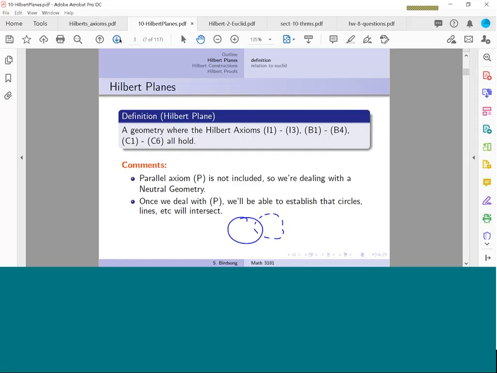Maybe it's only points that are, how about in Z2? So the only points on this circle line are those with integer values for the 2 coordinates. Or maybe like what you had in your homework, maybe you're in Q2, so your X and Y coordinates come from fractions. So you don't actually have everything that you would normally think of on that circle.